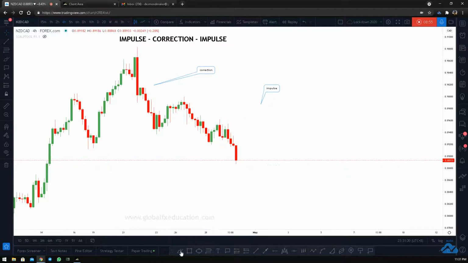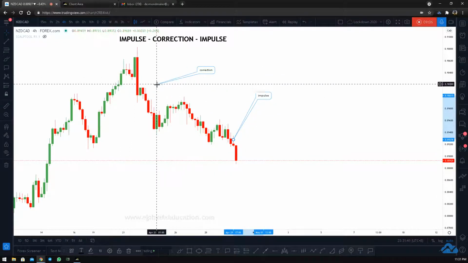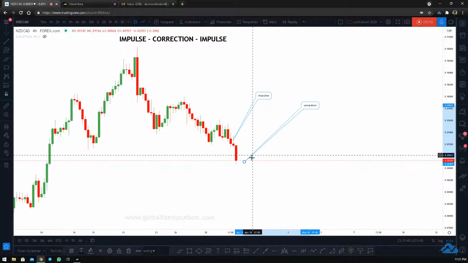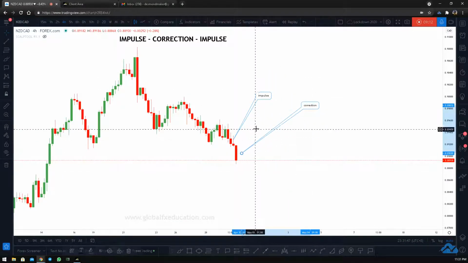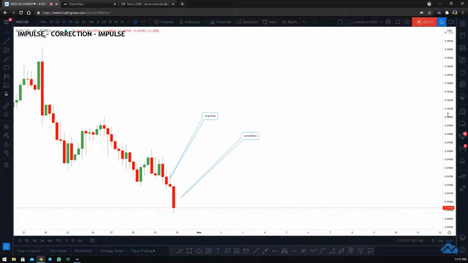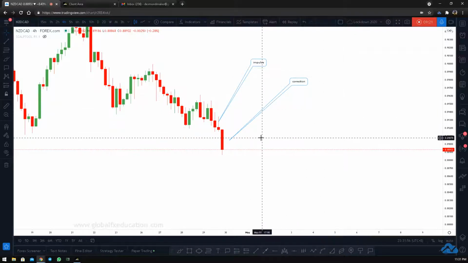You can see the market has created a very, very nice impulse to the downside. So we have a good impulse. Now what we need from the market is a correction. Okay, we need the market to make a correction. And when the market makes a correction, only then are we looking for an opportunity.